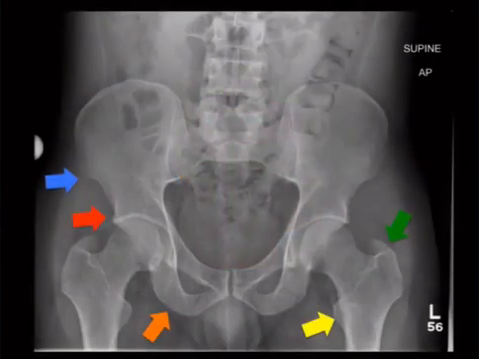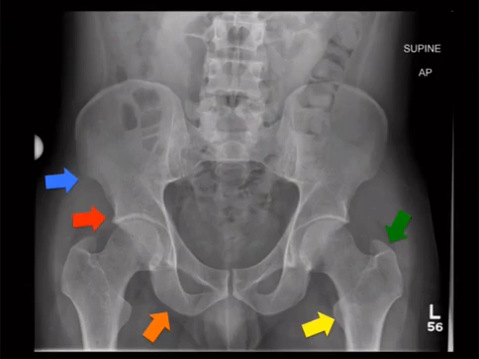Okay, so first case. This is an anatomy case, but it's also applicable for a trauma case or pathologic fracture case. So I've got a bunch of different colored arrows here, and I am pointing to where muscles attach.